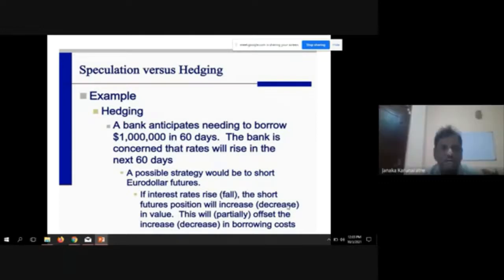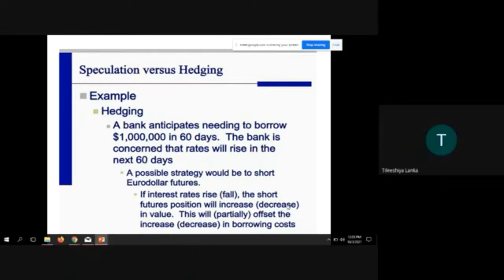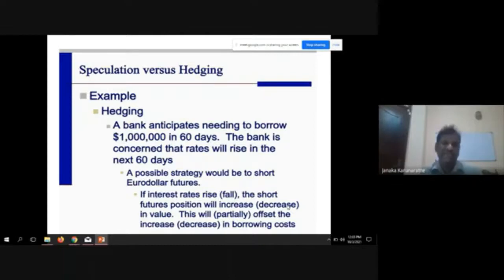Now let's take an example of hedging. A bank anticipates needing to borrow $1 million in 60 days. The bank is concerned that rates will rise in the next 60 days.